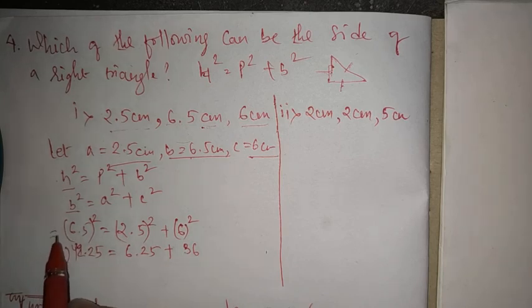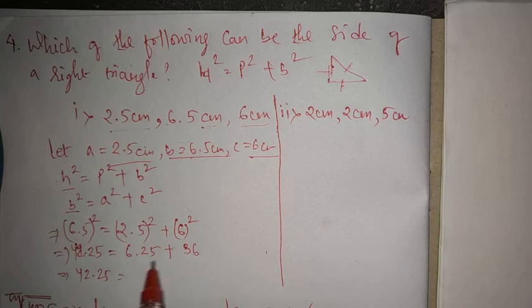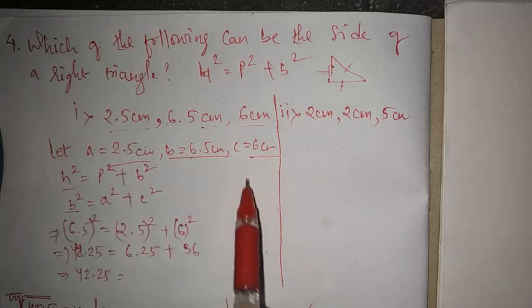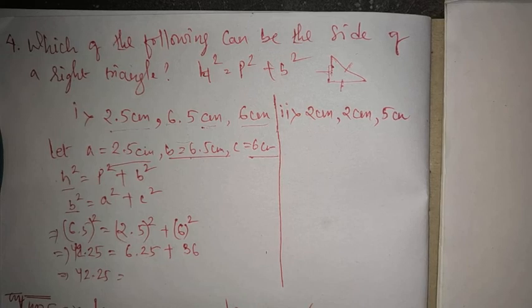Now when you see the right hand side and the left hand side, if you get the same value, then this triangle can be considered a right angle triangle. If the right hand side and left hand side don't come equal, then we cannot consider them as equal.